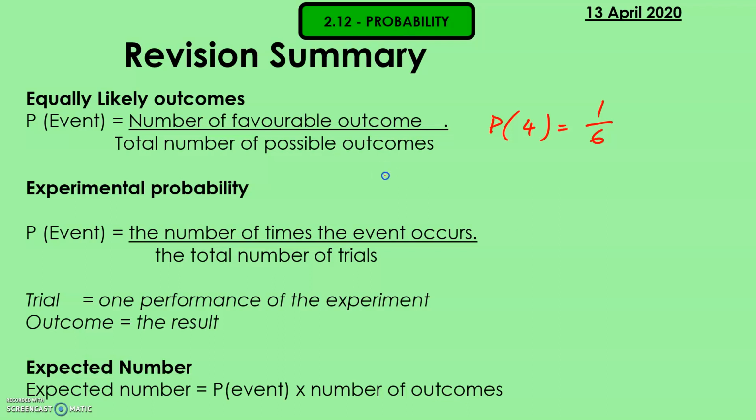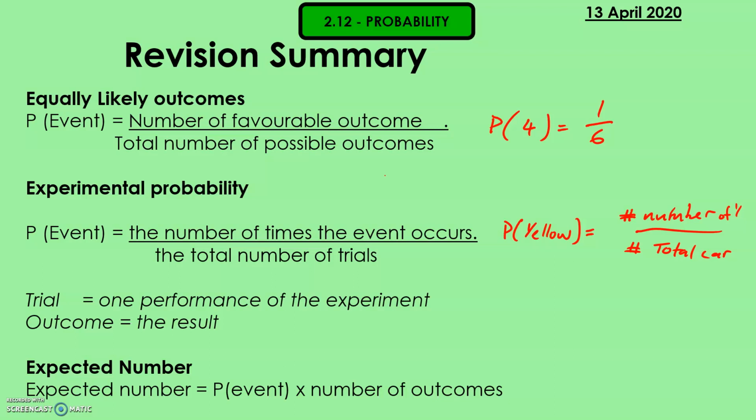So if I want to know the probability that a yellow car comes down the road, well then I need to know the number of yellow cars that come down the road, and then divide that by the total number of cars. That would be the experimental probability.